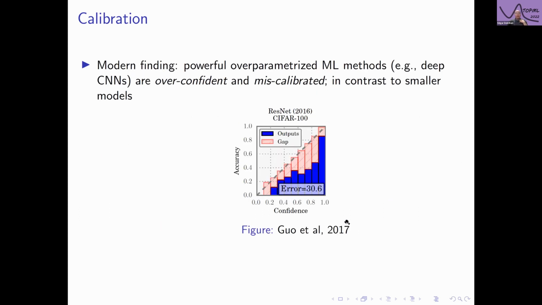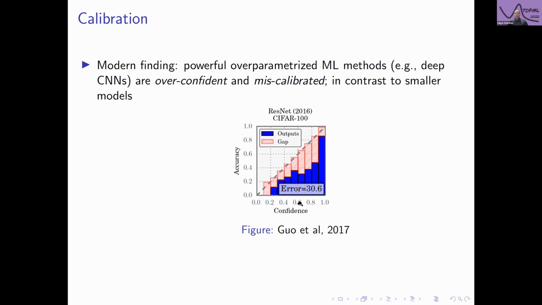And there's a very influential paper from Kilian Weinberger and his group that drew attention empirically to the fact that there's a big problem with modern deep networks: they can be extremely overconfident and miscalibrated. So here's a plot, called a reliability diagram.